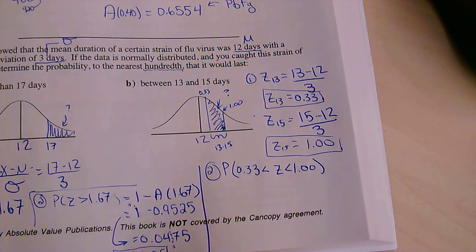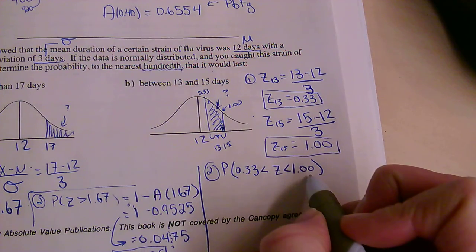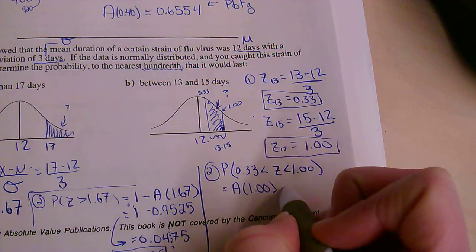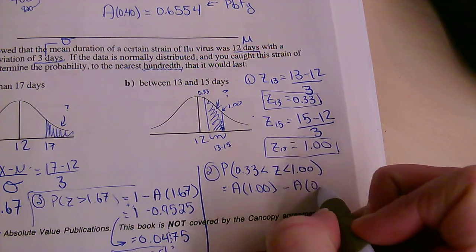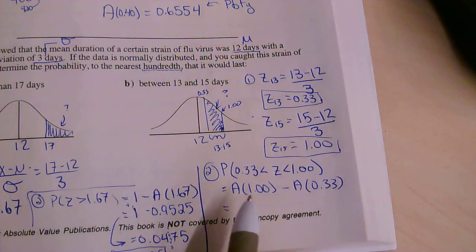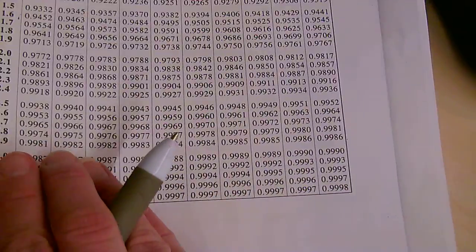This is going to be equal to the area of the 1.0 minus the area of the 0.33, and of course those are going to be our Z scores. So then we go to 1 and 0.33, and those are both going to be the positive ones.